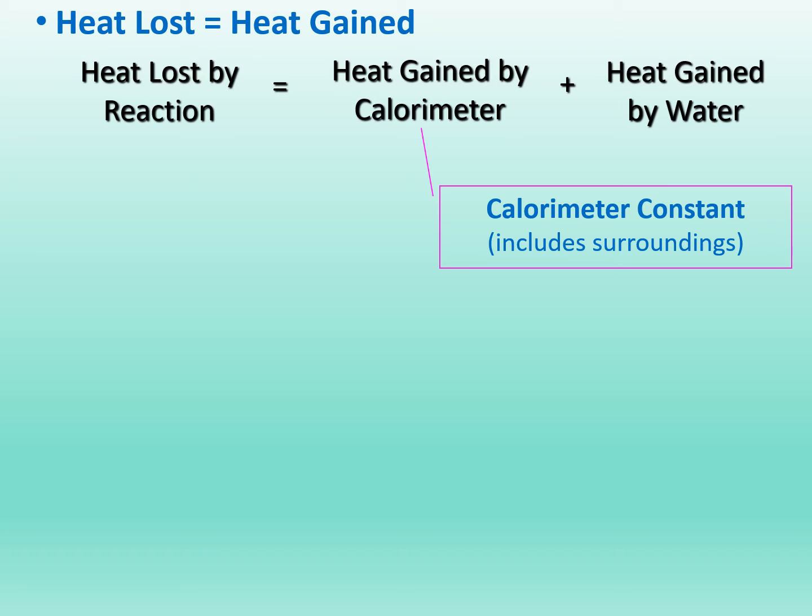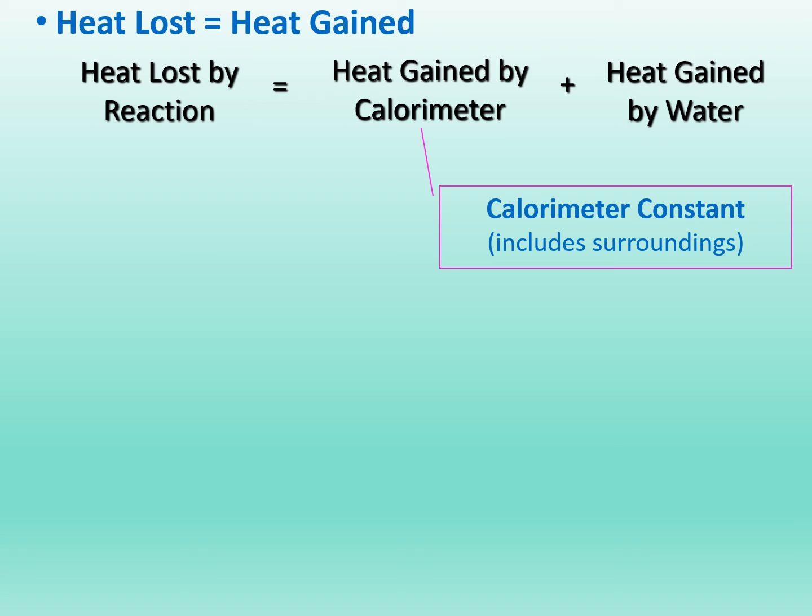Now we say heat gained by the calorimeter. We often refer to this as the calorimeter constant, but that includes the surroundings. That's the calorimeter, that's the thermometer, that's the air, that's the table, that's you, that's your third cousin William in Ohio. It's anything but the water. We lump it all together.